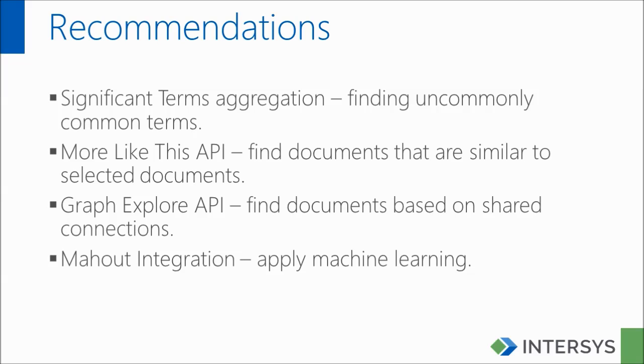Sorry, but it works kind of like the Percolate API. You provide a document, and it'll find documents that are similar. You're not looking for exact matches. They're just recommendations. It's another mechanism that also provides you with some valuable results, and it's worth checking out.